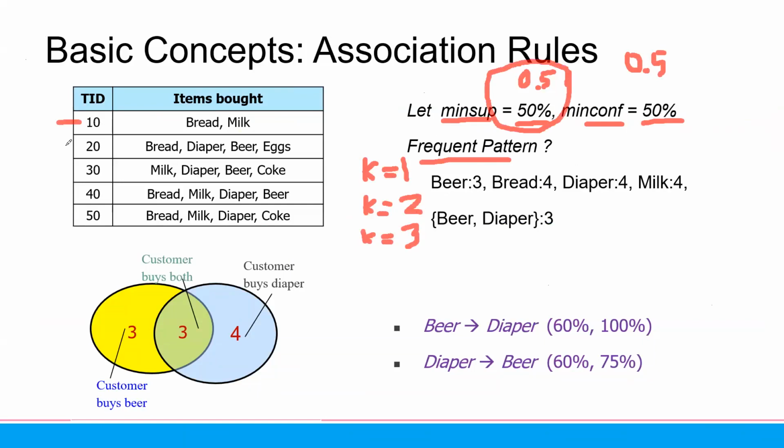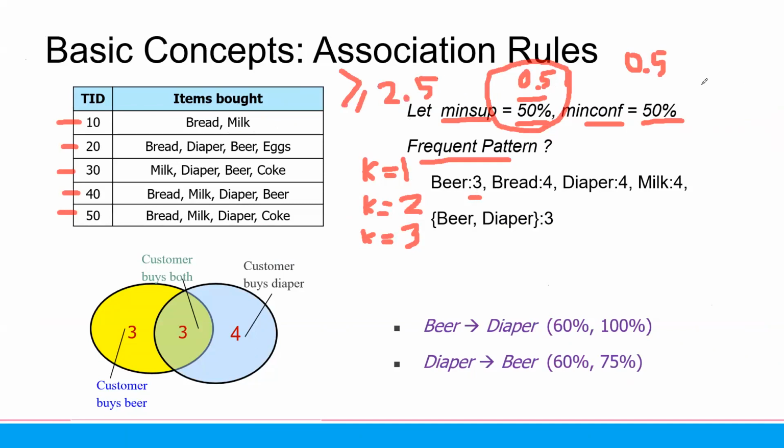If you have 1, 2, 3, 4, 5, we have 5 transactions. And if the minimum support is 0.5, then the count should be higher than or equal to 2.5. Why is it 2.5?